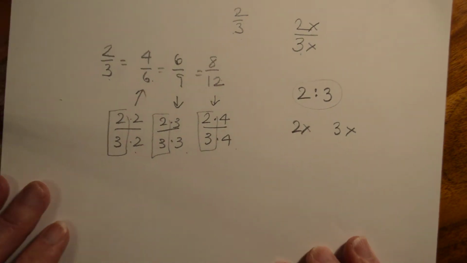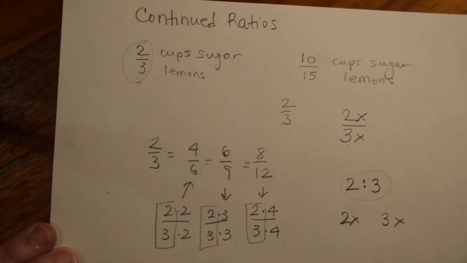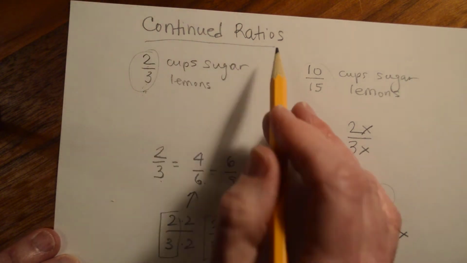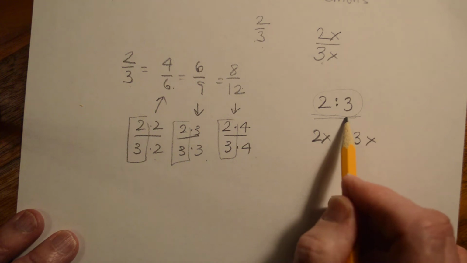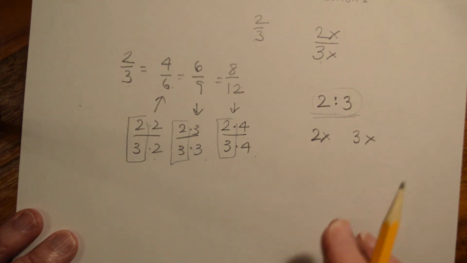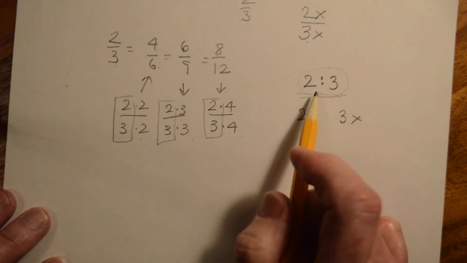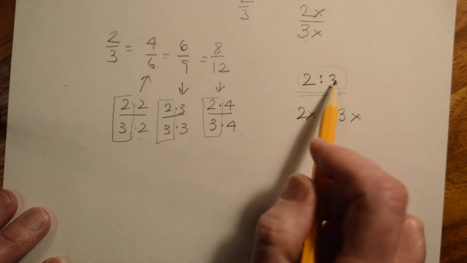So with that in mind, I want us to talk about continued ratios. Continued ratios are ratios that we write in this format, but they continue on. It's not just a single ratio or a single pair of numbers.